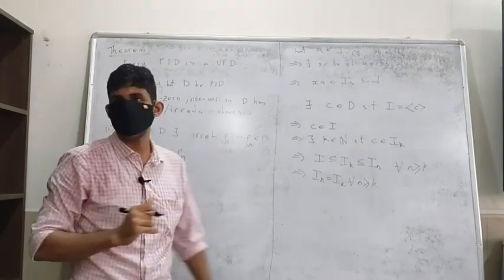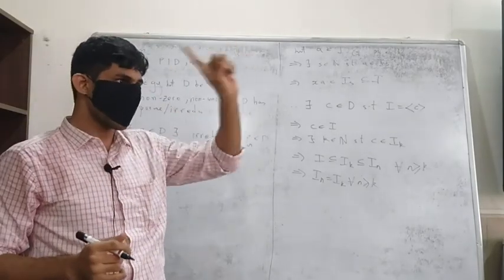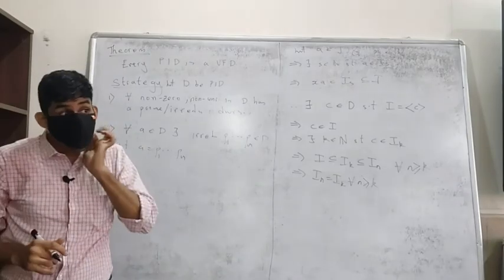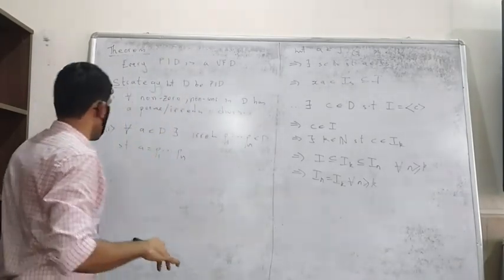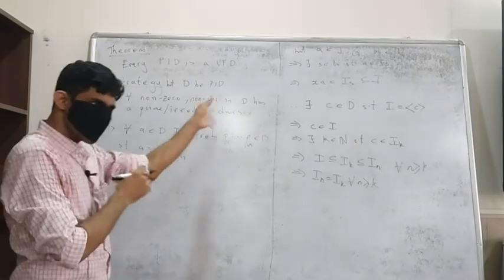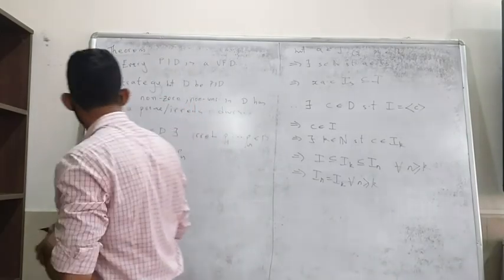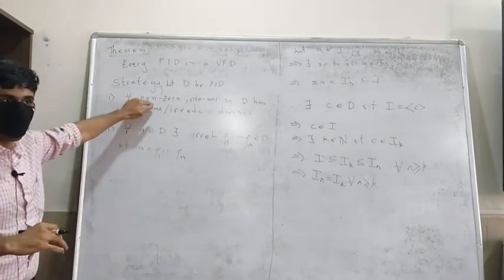So this will give me the existence. If I prove these two things, it gives me the existence part, the first statement in your definition of UFD. Then I need to prove uniqueness. Uniqueness we'll have a look at later. In fact, uniqueness is easy to see. So let's prove this one first.